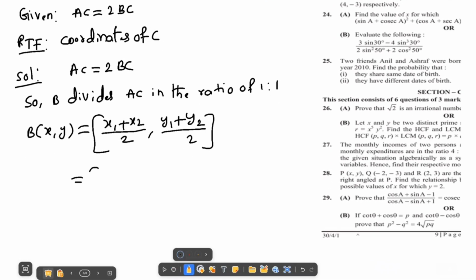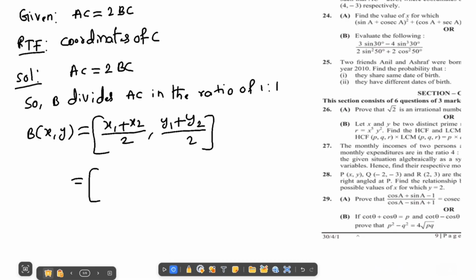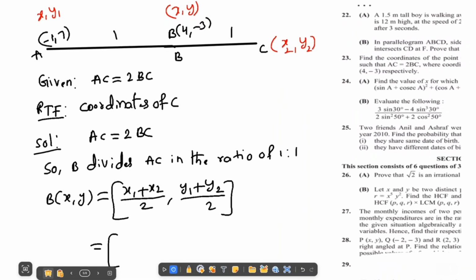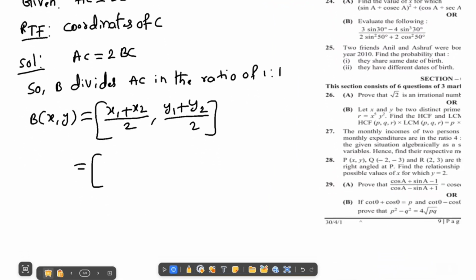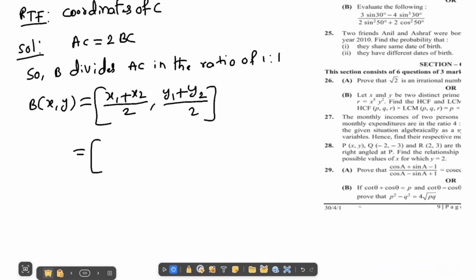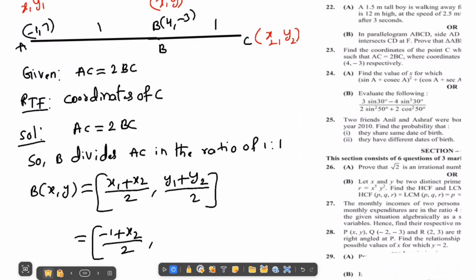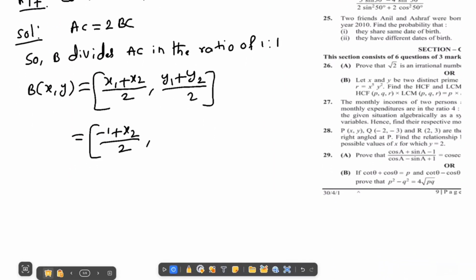So it is equal to x1 plus x2. What is x1 here and what is x2 here? x1 is minus 1 and x2 we don't know. Minus 1 plus x2 by 2, and y1 plus y2 by 2. So what is y1 here? y1 is 7 and y2 we don't know. So 7 plus y2 by 2. Now B coordinates are already given.